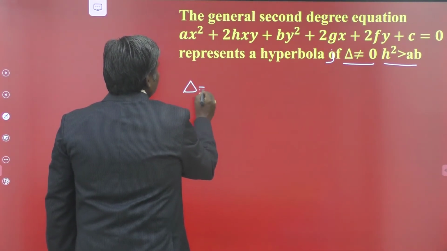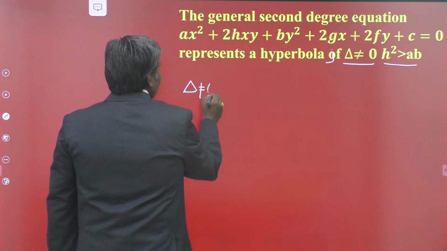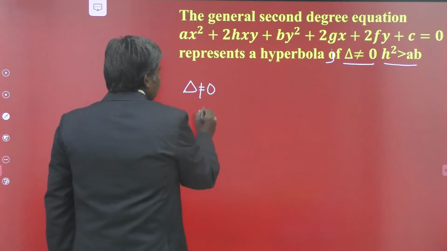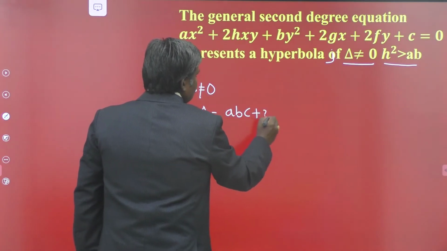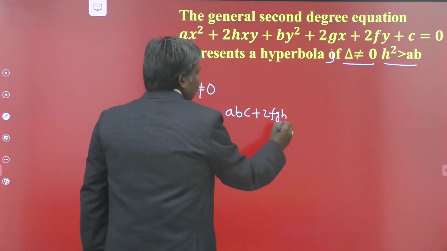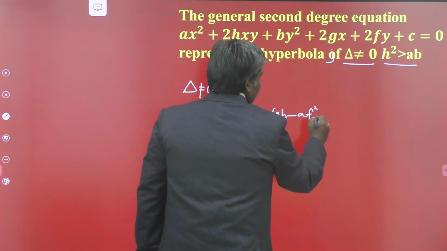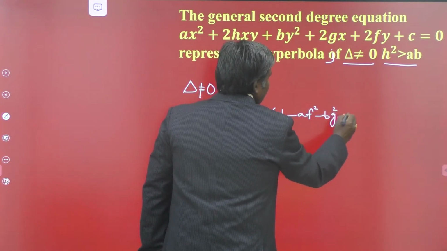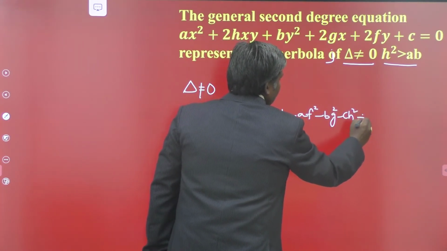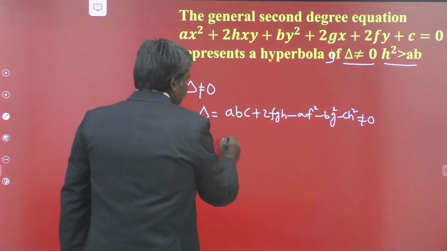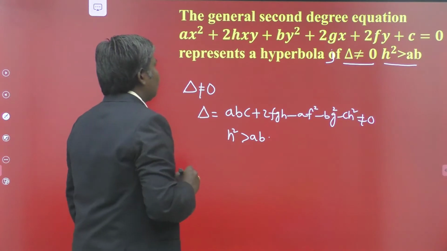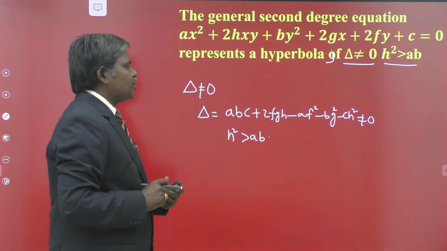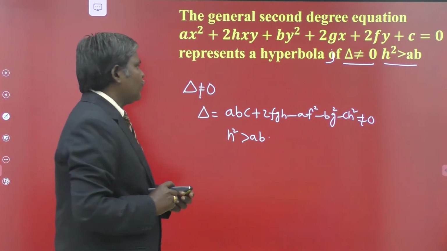That becomes a pair of straight lines. That is why delta is not equal to 0. What is delta? Delta is equal to abc plus 2fgh minus af square minus bg square minus ch square, never 0. And h square must be greater than ab. Then the general second degree equation represents a hyperbola.